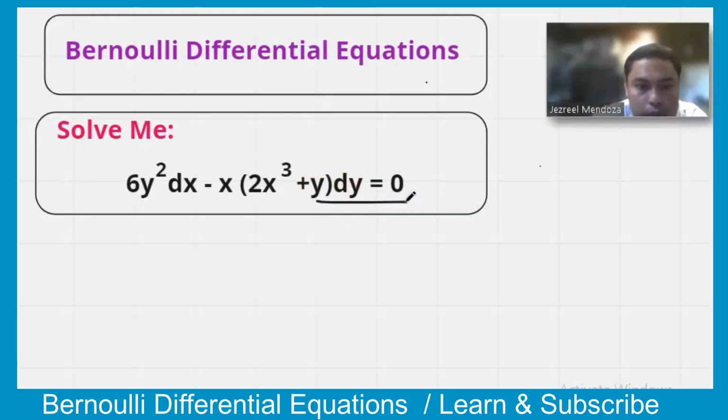We do not know what type of equation this is, whether it is linear in x or linear in y. So first we need to determine the type of equation. Okay, here is the solution.